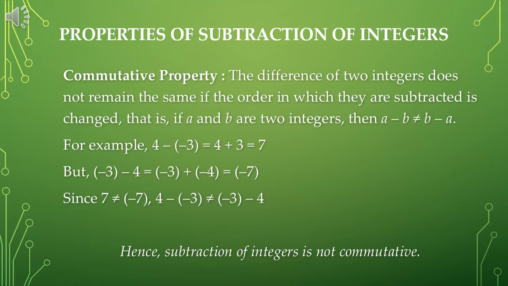So minus 3 minus 4 will become minus 7. As you can see, when we change the order of the two integers, the answer is not the same. In the first part, the answer is plus 7, and in the second part, the answer is minus 7. This means that when we subtract two integers, a minus b and b minus a, the answer will not remain the same. So subtraction of integers is not commutative.